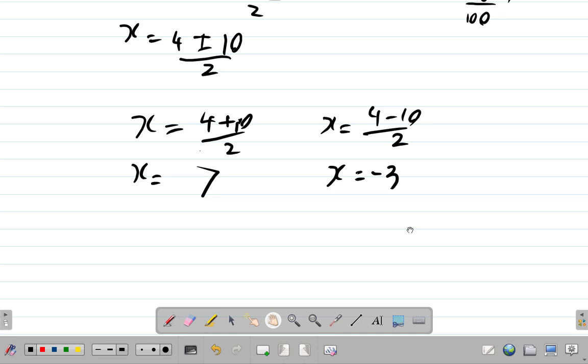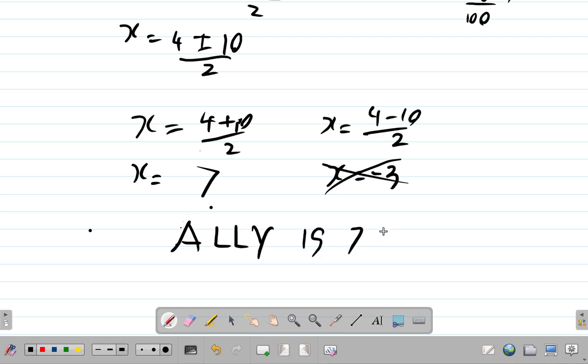So this x equals negative 3 can't apply. This is out. So Ali is 7 years old. So that's Ali's age.